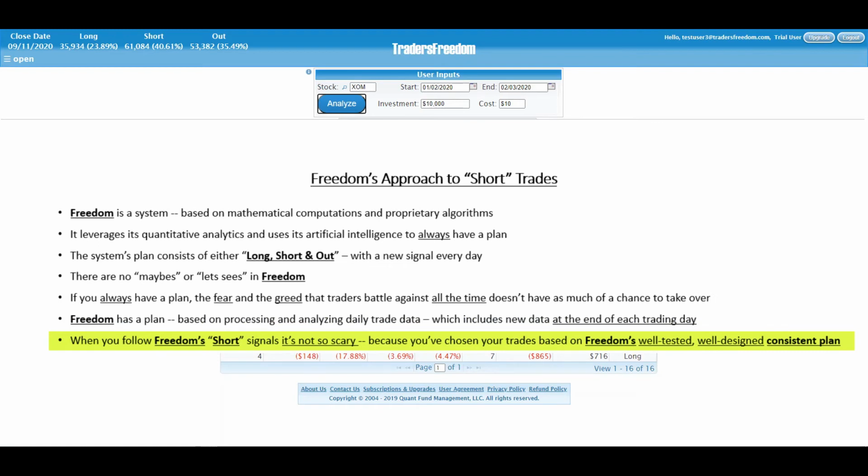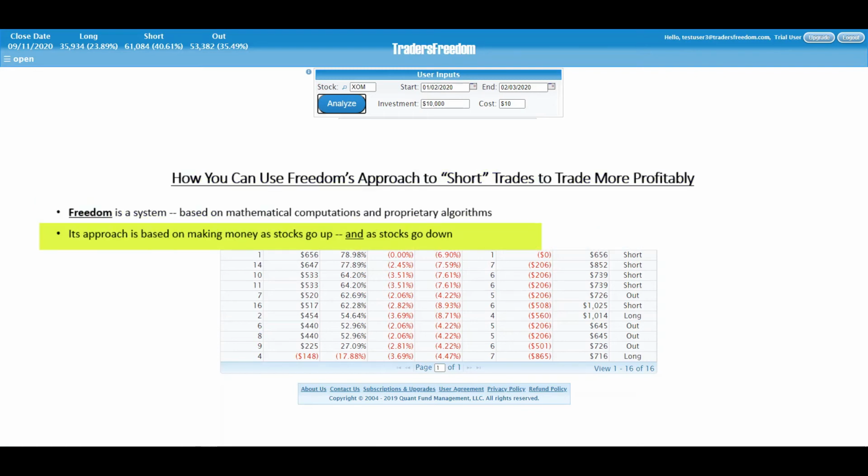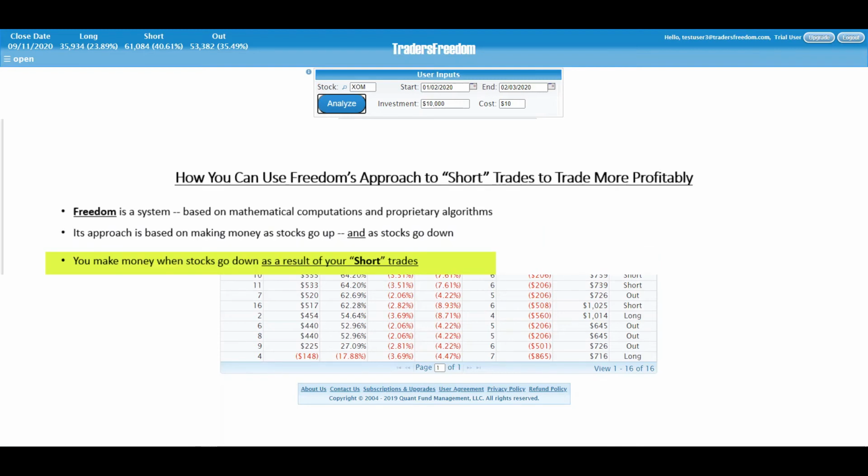And it's really important that you understand it, because Freedom's approach is entirely based on making money as stocks go up and as stocks go down. And you make money when stocks go down as a result of your short trades.